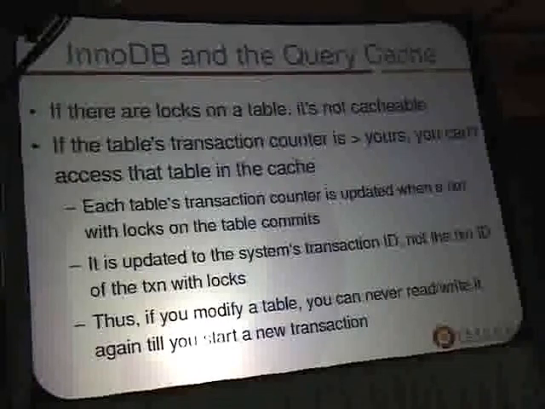And for each table that it finds locks on, it updates the table's transaction counter to the transaction ID of the system. Not the transaction that's committing, but the transaction ID of the system, which is the newest transaction in InnoDB.